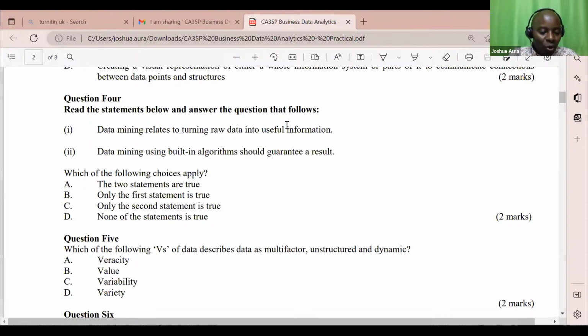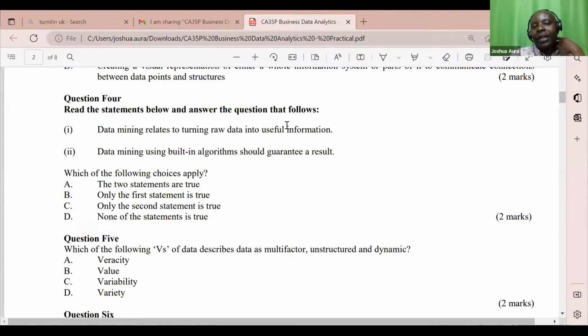You extract raw data and then you work through until you come up with a model, which you shall be able to deploy. So data mining relates to turning raw data into useful information. So 1 is correct, first of all. So anyone with 1 being false is out. C, only the second statement is true, that's wrong. D, none of the statements is true, wrong. So now I'm debating between A and B.